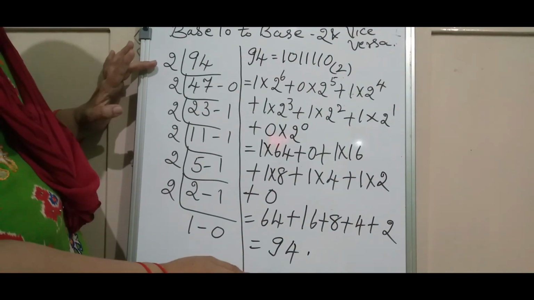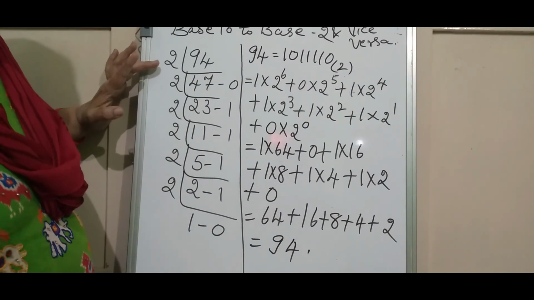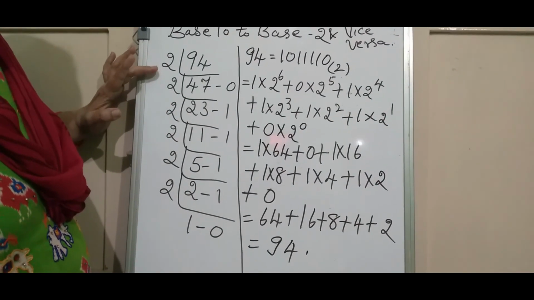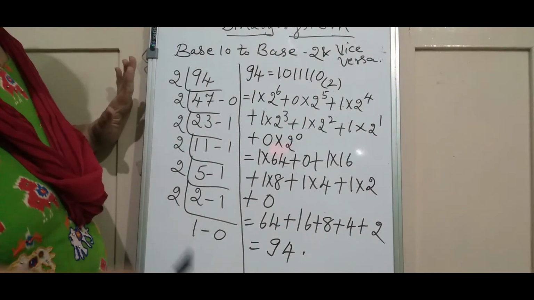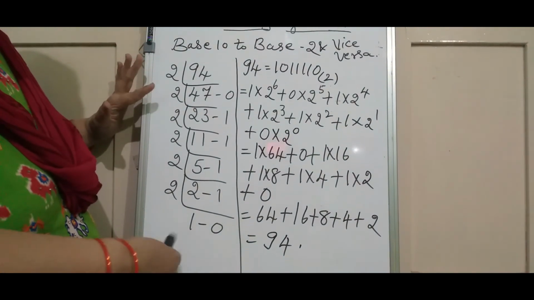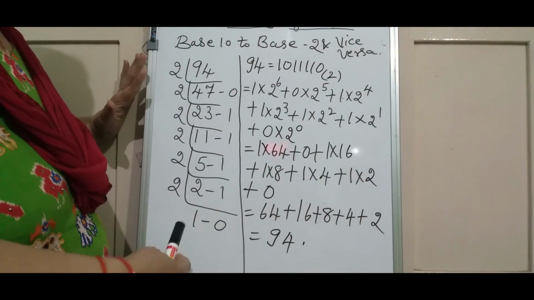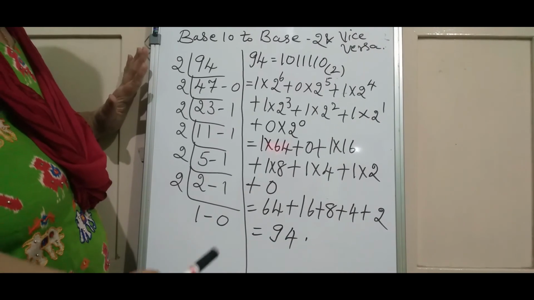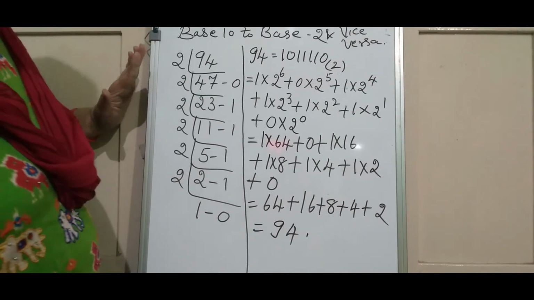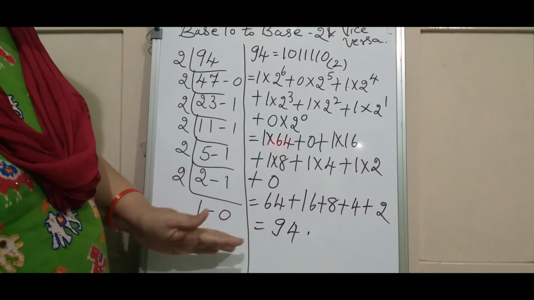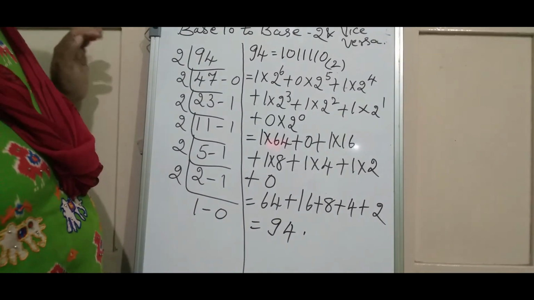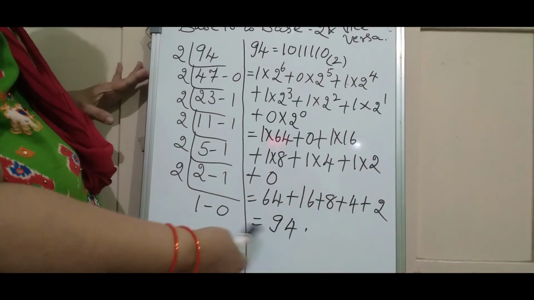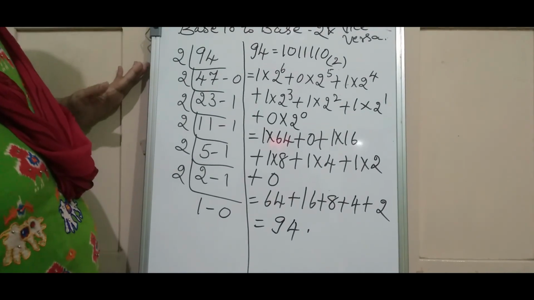See, while doing these problems, it will be just like fun for you also, and you can go on trying any number like this. Conversion of decimal to binary or binary to decimal. This will be just like verification also, and you need not ask anyone whether you have done the problem correctly. Here only you can go on judging what you have done.